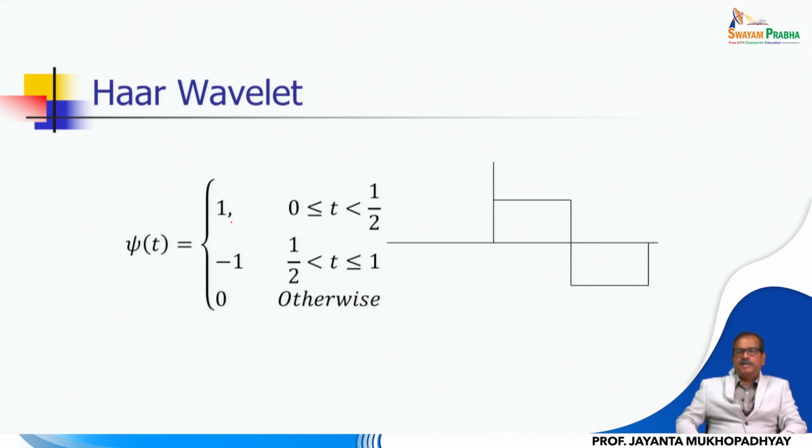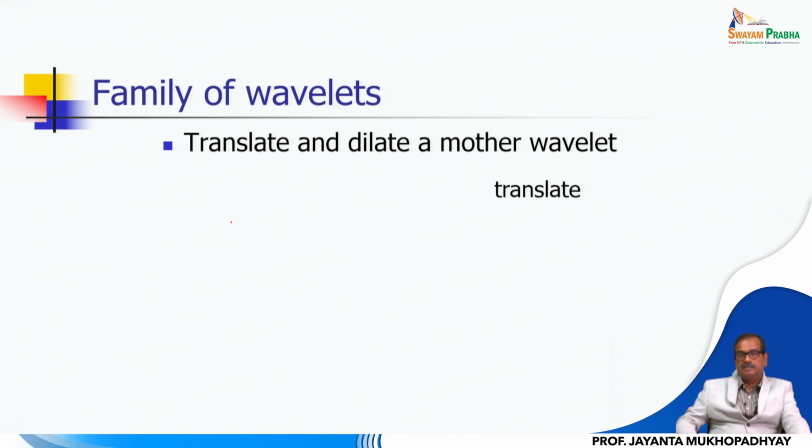This is another very popular wavelet function, which also has a finite support in the time domain, and it has respective frequency domain characteristics, because you see that it's a kind of square pulse wave, and it has that sinc property. Its frequency domain representation will also have sinc functions. So when we consider wavelet basis functions, naturally it's a set or family of basis functions that we have to consider, and when these basis functions are all wavelets, we call it a family of wavelets.